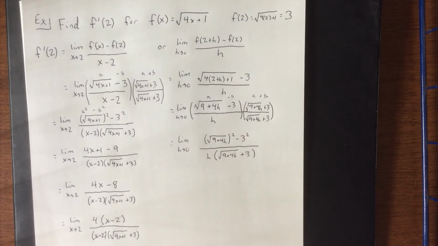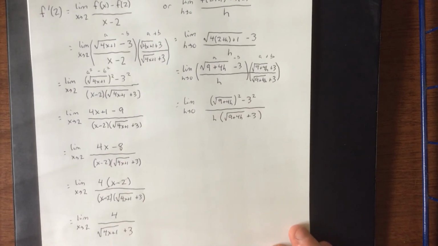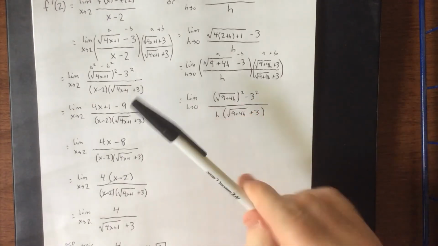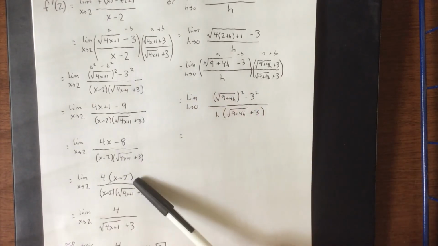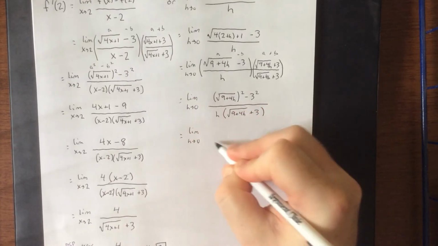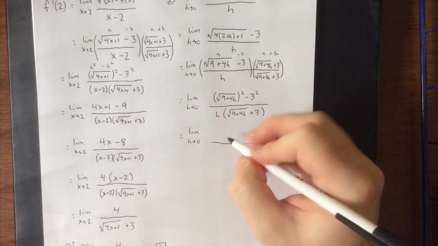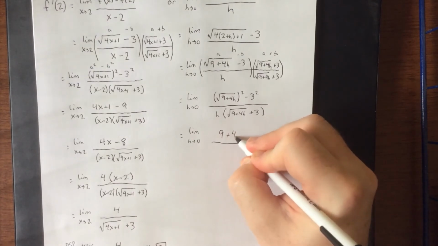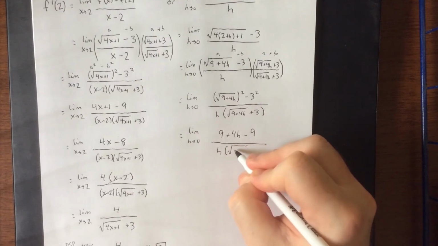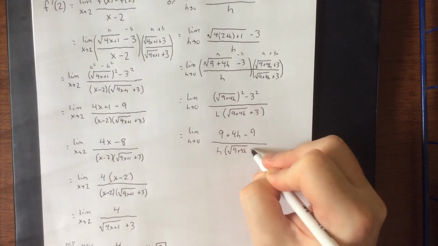The algebra that you're going to see from here mirrors the algebra that was just done over on the left side. So starting from this step, it's going to look relatively the same as we go down. Square cancels the square root, 9 plus 4h. Square the 3. Leave the denominator as is.